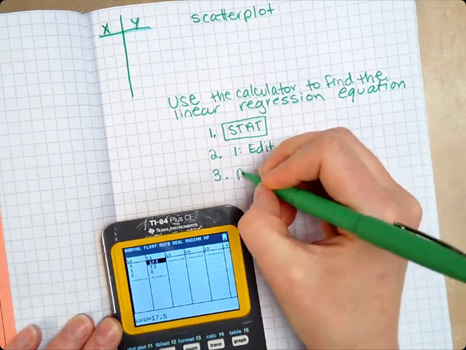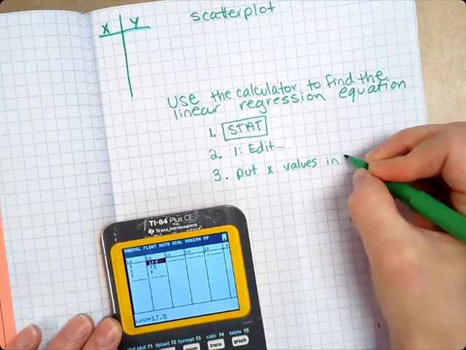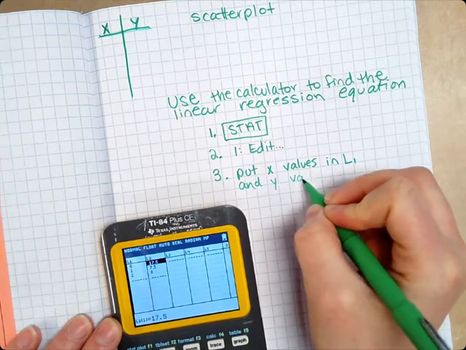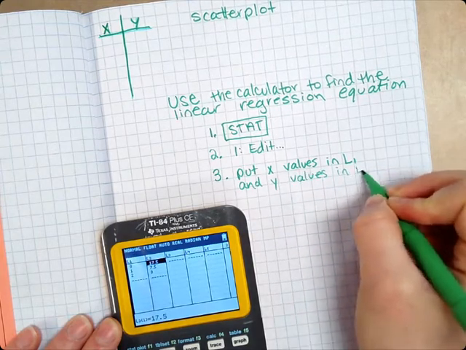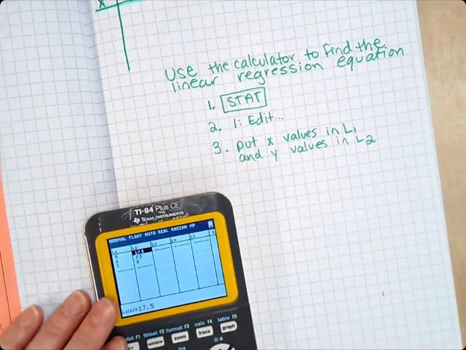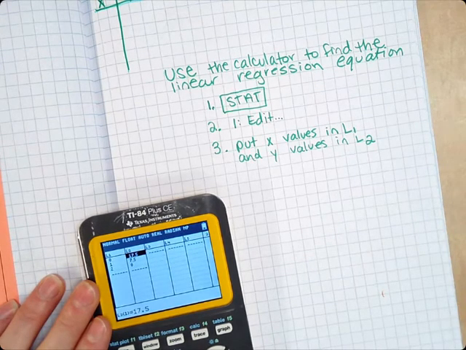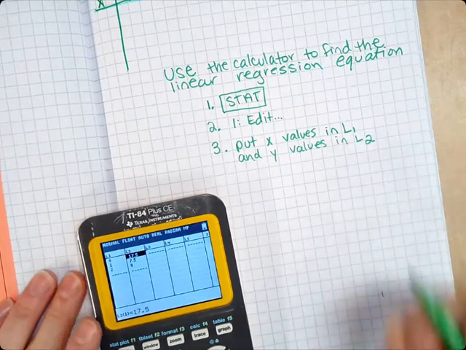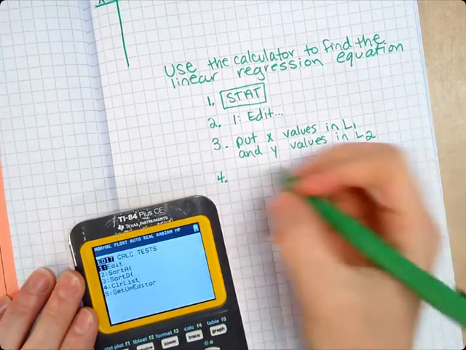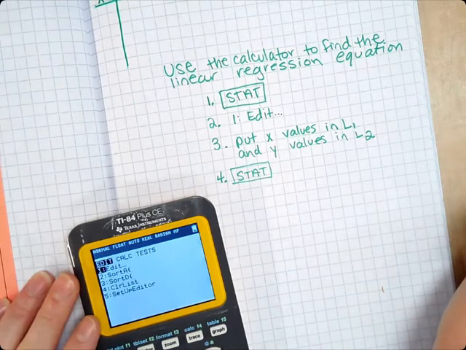Okay. Put X values in L1 and Y values in L2. So I have some data in here already. So after that, what do I need to do? Stat. Go back to stat. And what do we want to click?